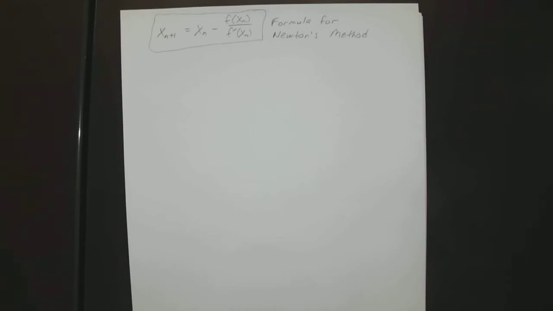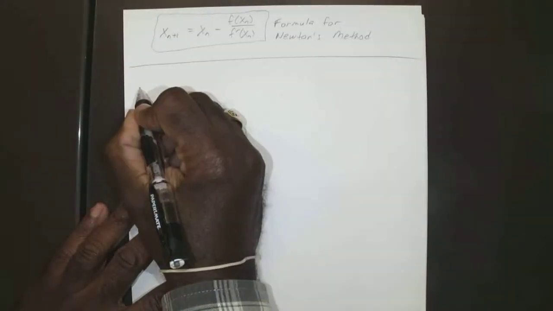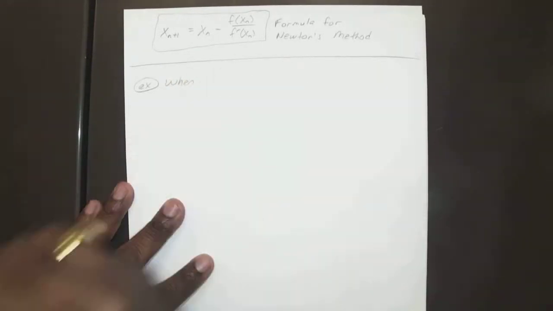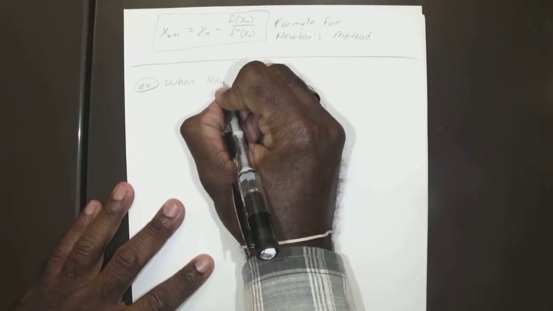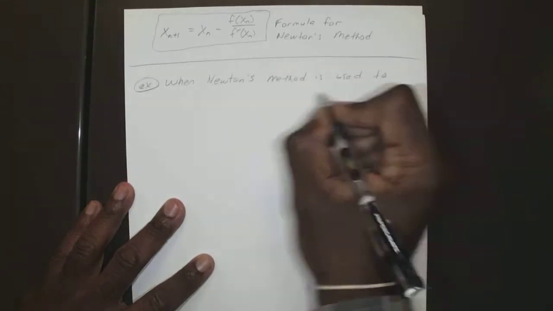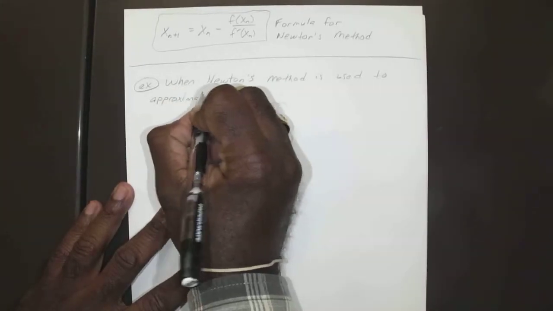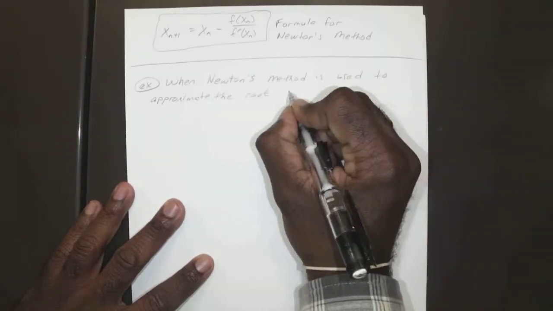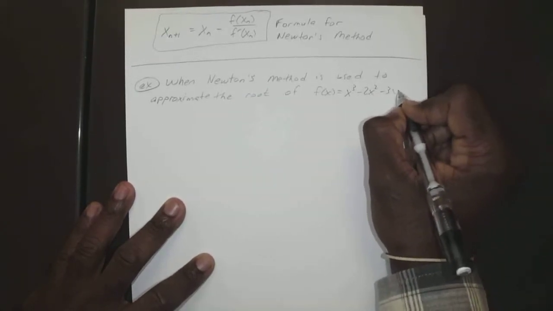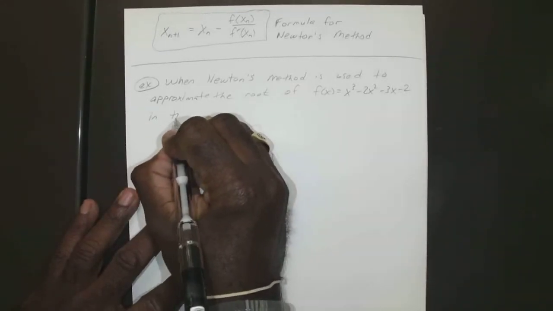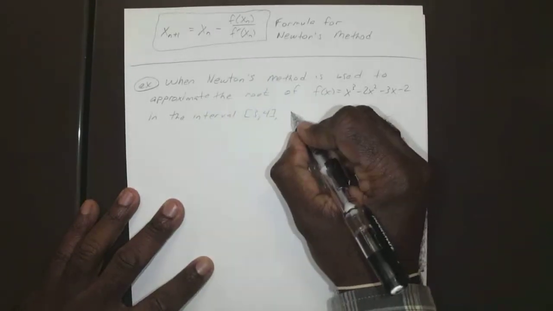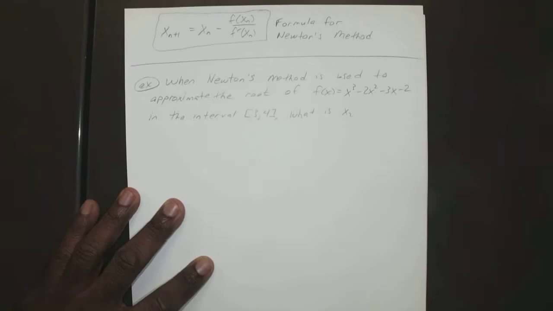All right, so let's say, for example, when Newton's method is used to approximate the root of f of x equals x to the third minus 2x squared minus 3x minus 2 in the interval from 3 to 4, what is x sub 2 rounded to the nearest hundredths?